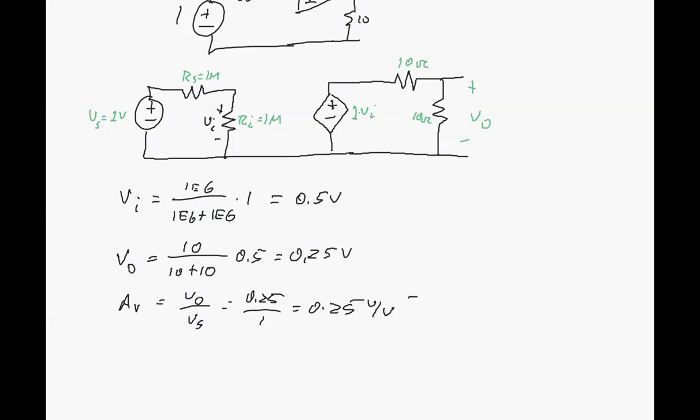Excuse me, and that would be equal to minus 12 dB on the dB scale, 20 log of 0.25. And the power out is now 0.25 squared divided by 10, which is 6.25 milliwatts. And our power gain is plus 38 dB.